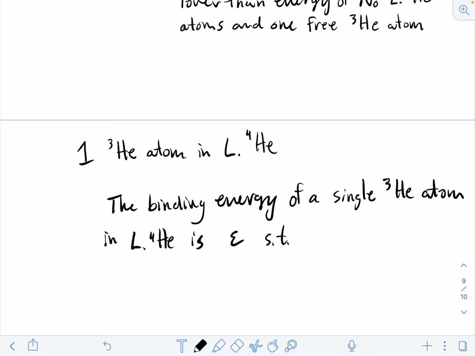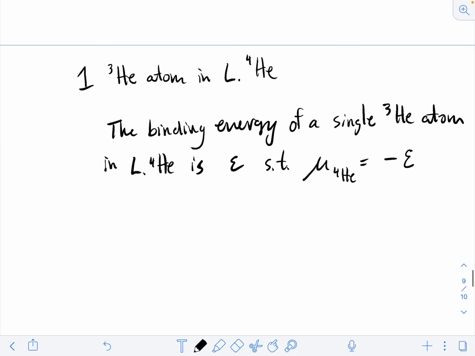And what we'll do is we'll say that our chemical potential is therefore minus epsilon. So this now is the chemical potential for a single helium-3 atom in liquid helium-4.